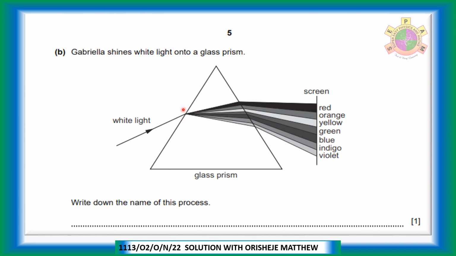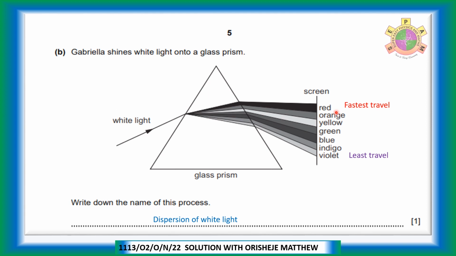When the white light enters the triangular prism, red has the fastest speed, while violet has the least speed, because the wavelength of violet is the shortest, while the wavelength of red is the longest.